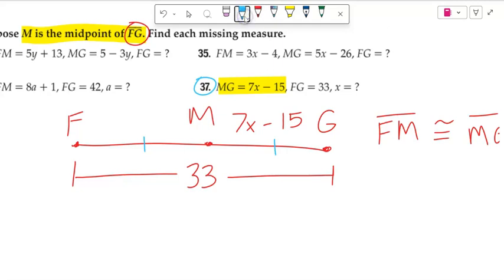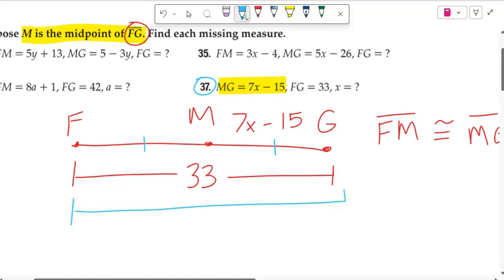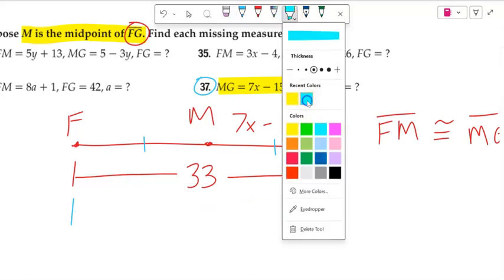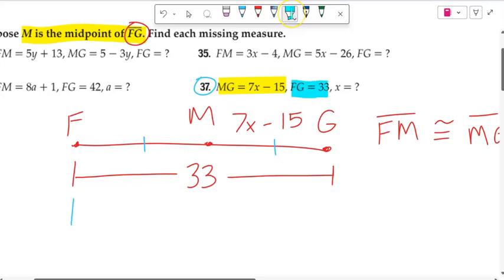It's this right here. So we draw this whole line across, and then we leave a space for whatever that value is. So it tells us that FG is 33. And we're not looking for the value for a segment. The problem just wants us to find what X equals.